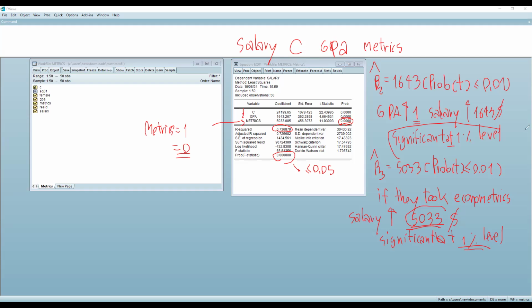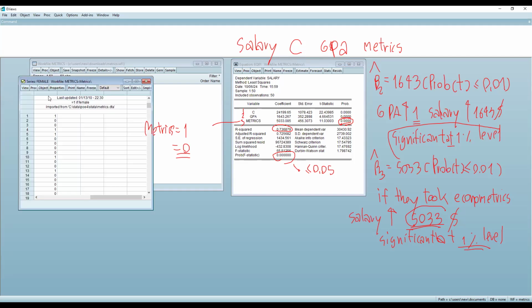Then they ask you, how would you modify the equation to see whether women had lower starting salaries than men? They already have this variable called female.